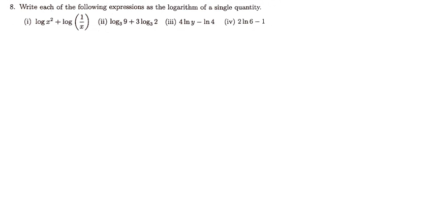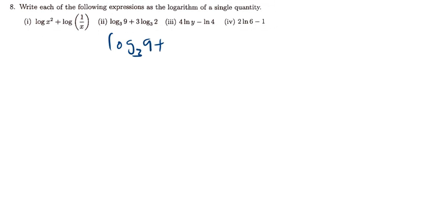The second one, the bases are the same, so it's going to be log base 3 of 9 times 9. Now here you can't go direct because you have something in front. I have log base 3 of 9 plus 3 log base 3 of 2.